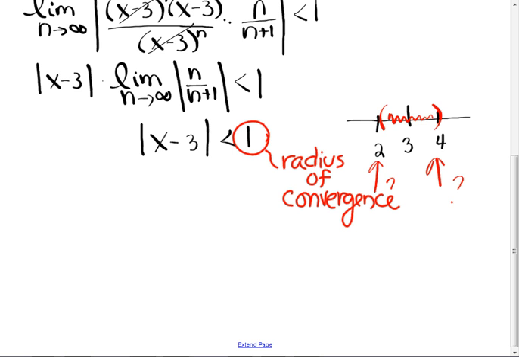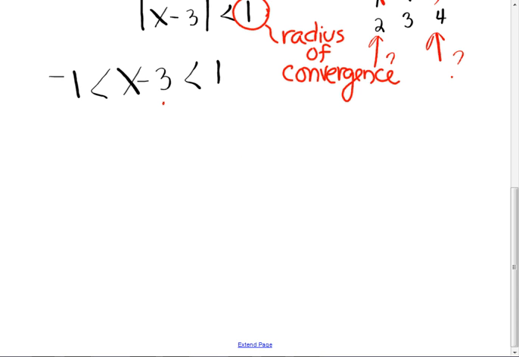Okay, how do you solve that? X minus 3 is going to be between 1 and negative 1. And then what do we do? Add 3 to all sides. I'm going to get 2 is less than x is less than 4, which I did get geometrically.